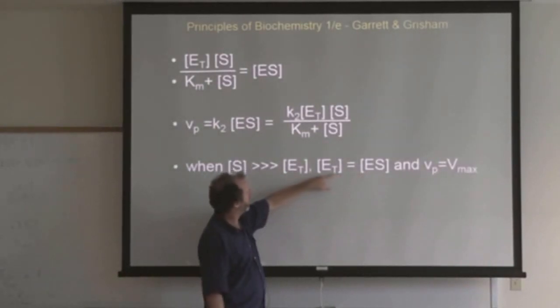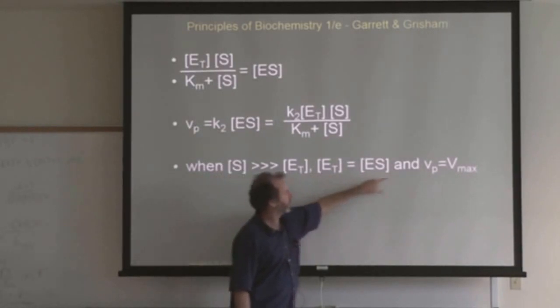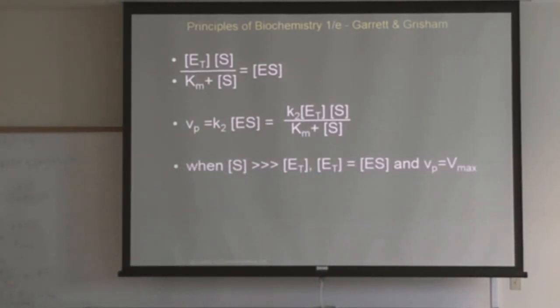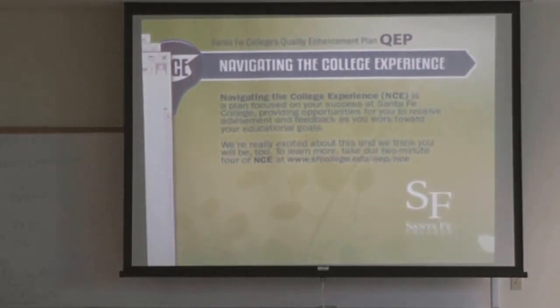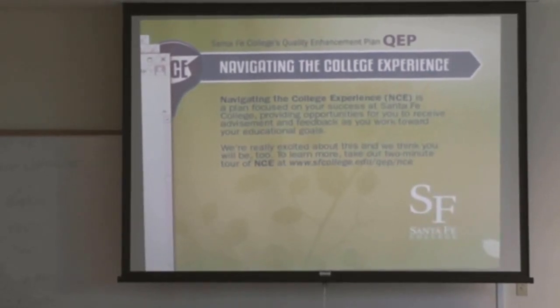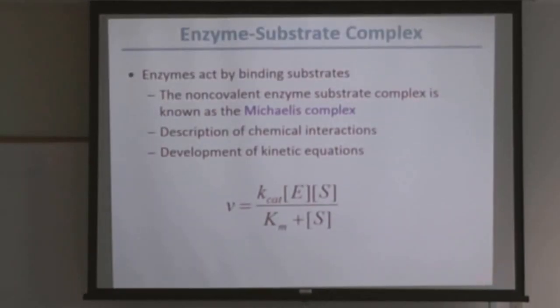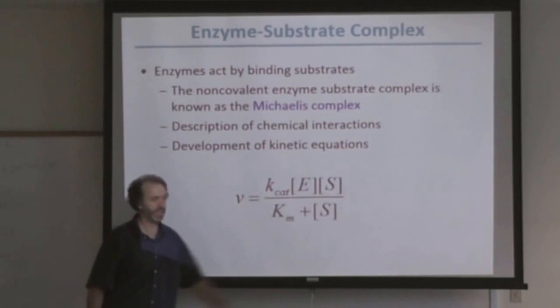ES equals basically enzyme total, and you get velocity forward equals Vmax. So basically Vmax is going to be K2 times enzyme total, or what your book is saying, this is the same thing as Kcat times the enzyme total.